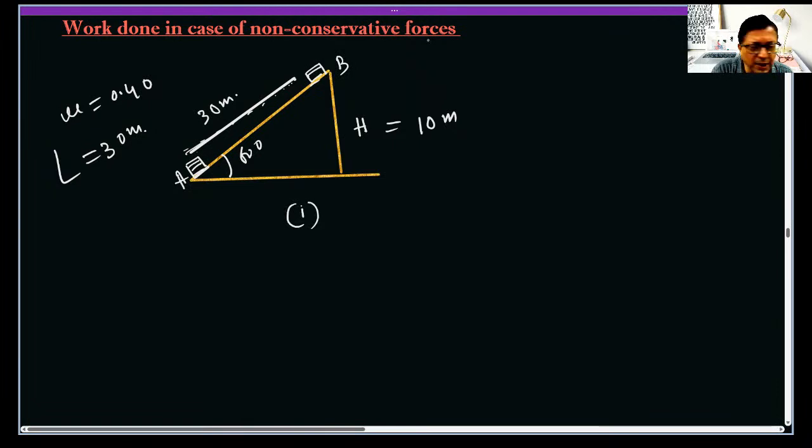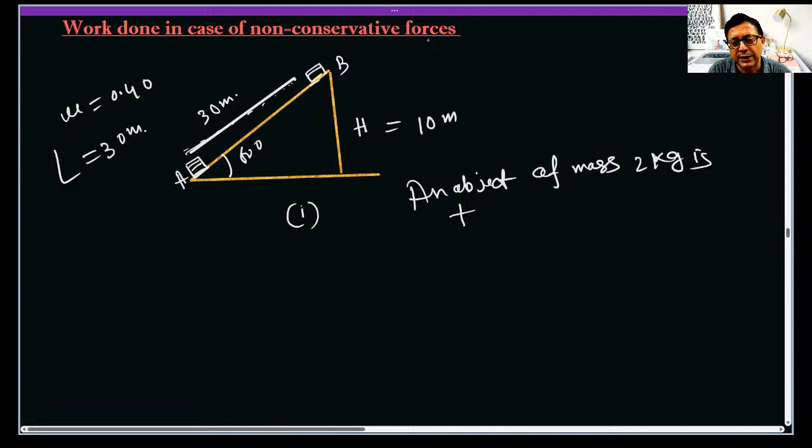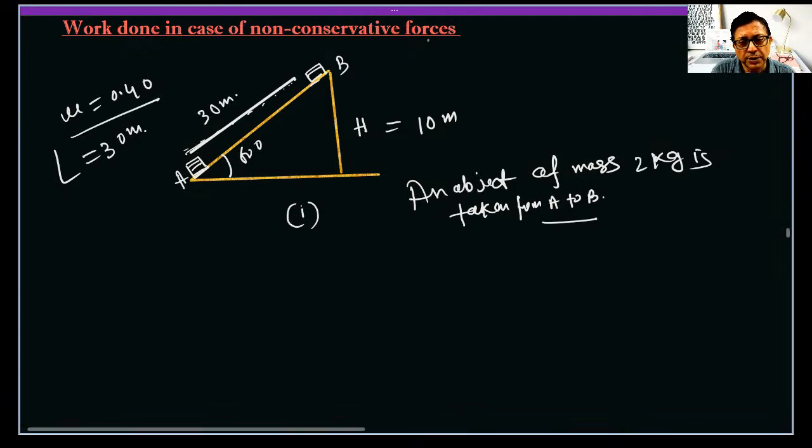An object of mass two kg is taken from A to B, up the inclined plane whose height is 10 and length of the incline is 30 meter, and coefficient of friction is given here, that is 0.40.